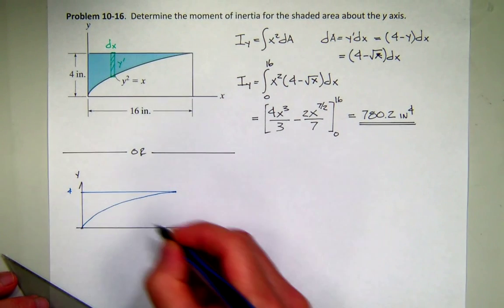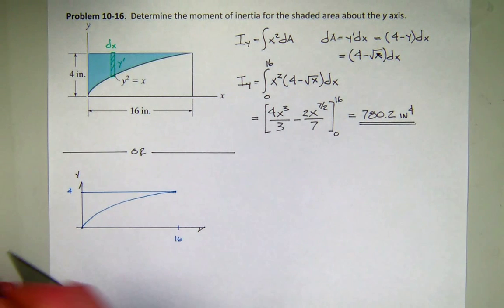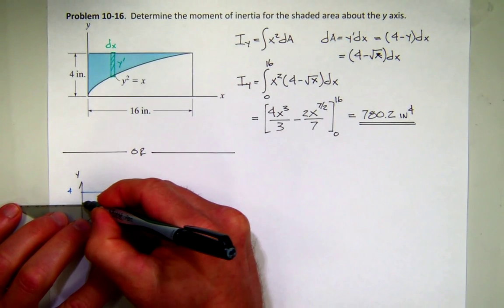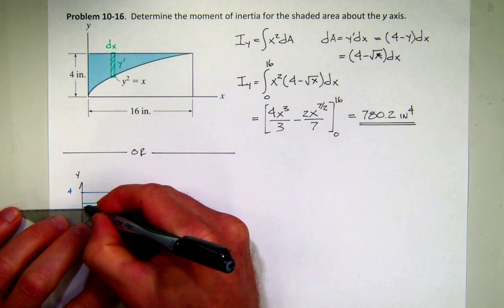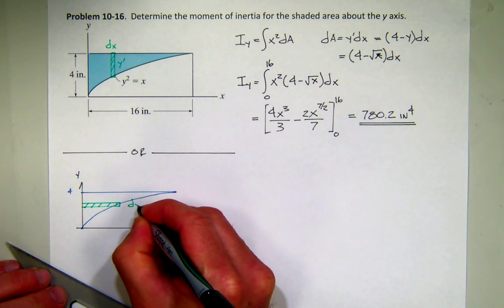That's at 4 inches, 16. So this time we'll do our block horizontally. We know it's dy thick.